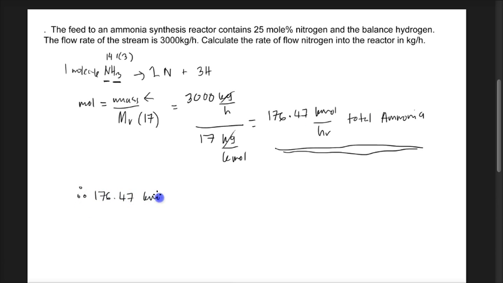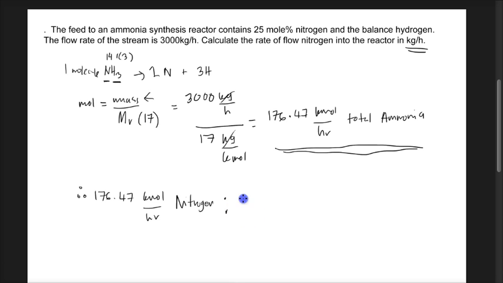So we have 176.47 kilomole per hour of nitrogen, and we want it in kilogram per hour. So same thing, we want the mass flow rate here. So in kilogram per hour, we need to multiply the molar flow rate by the atomic mass of nitrogen, because nitrogen is an atom.